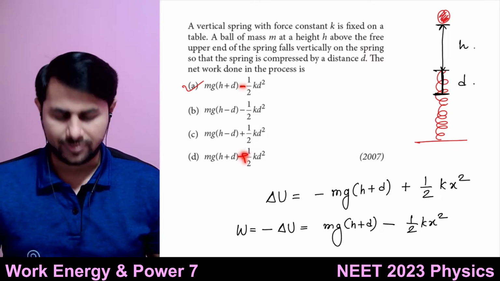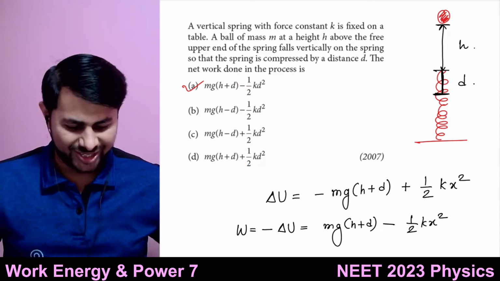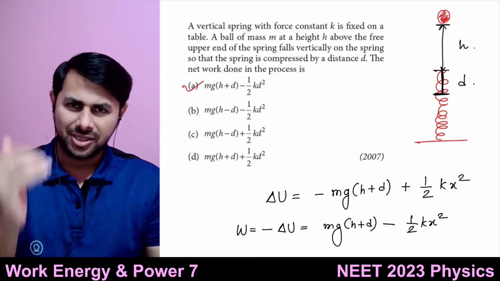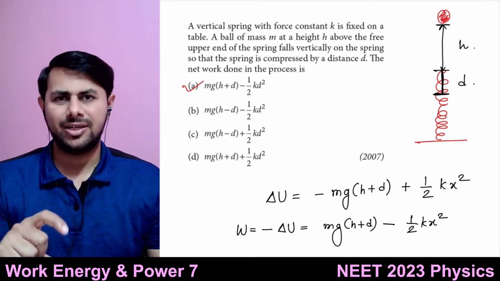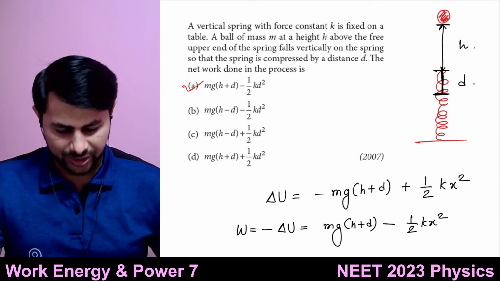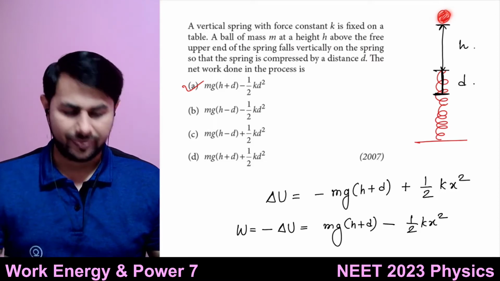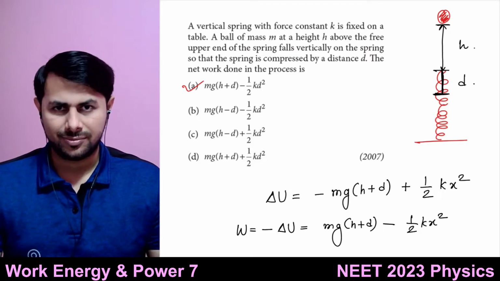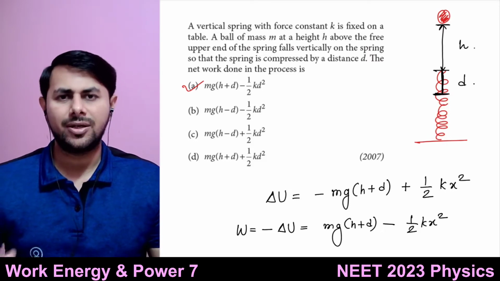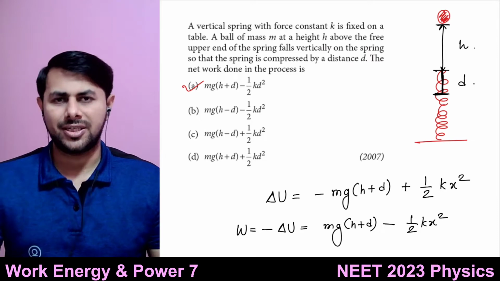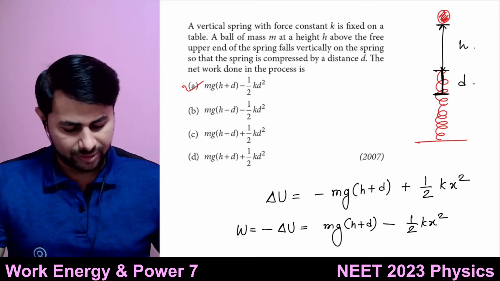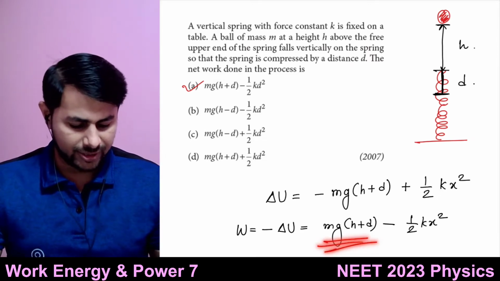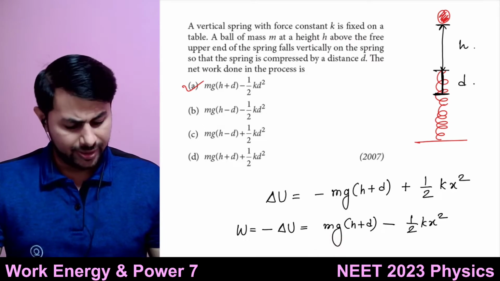Why not positive? This is a conceptual point, right? The mass is losing its potential energy, the spring is gaining. So the change in potential energy of the mass is negative, the change in potential energy of the spring is positive, and work done is equal to the negative of the total change in potential energy. And that's why we have mg(h plus d) minus half of k into x square.